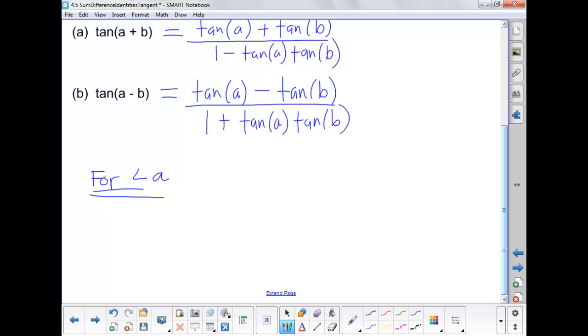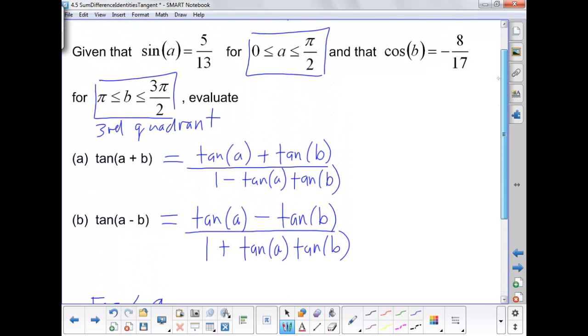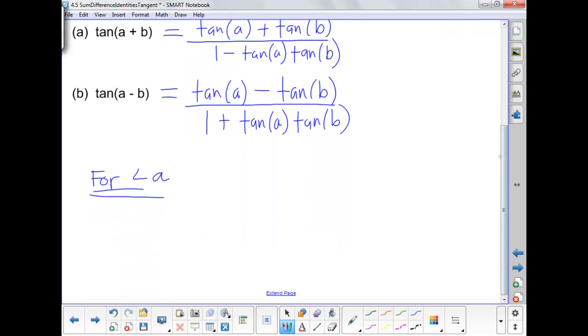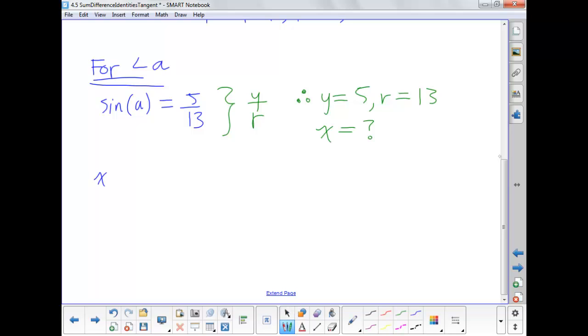So for angle A, just to recap, we know that sine of angle A is equal to 5 over 13. Now what to keep in mind here, sine is actually the ratio of y over r. We can use the Pythagorean theorem.